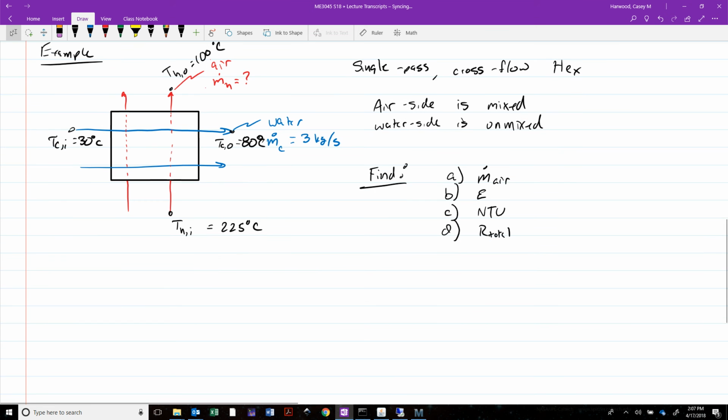So, to proceed, our first step, as it is with most problems, is going to be finding fluid properties. In this case, we know the inlet and outlet temperatures of both fluids, and so our reference temperatures, those at which we look up fluid properties, namely Cp, are going to be halfway between the inlet and outlet temperatures of each fluid.